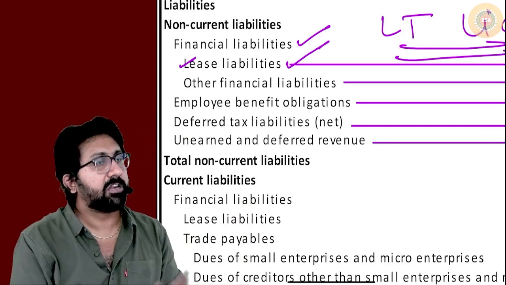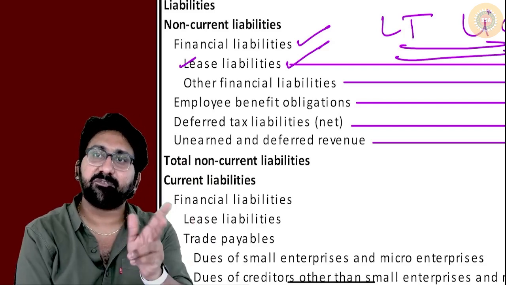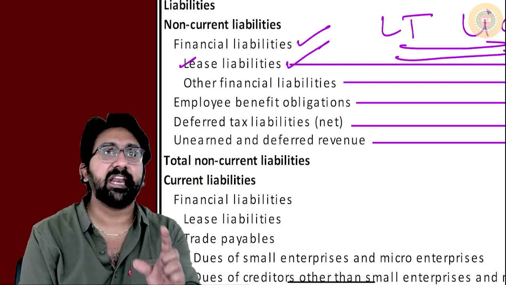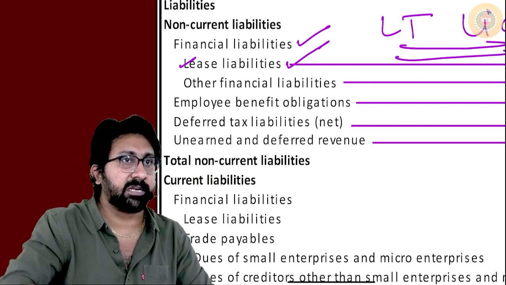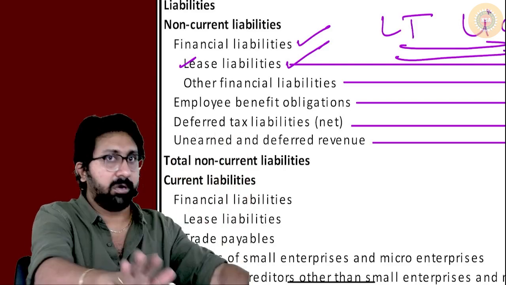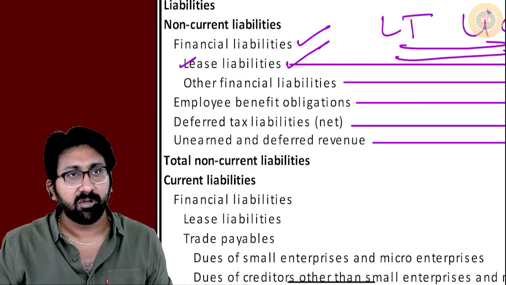You use it and pay EMI every month. Is there any difference? Transaction-wise maybe, but technically when you see the monetary transaction, both look alike. That's why a finance lease is a loan, a long-term debt.